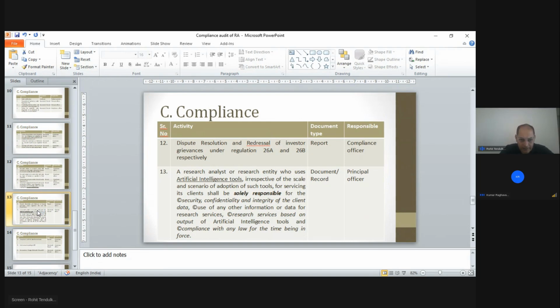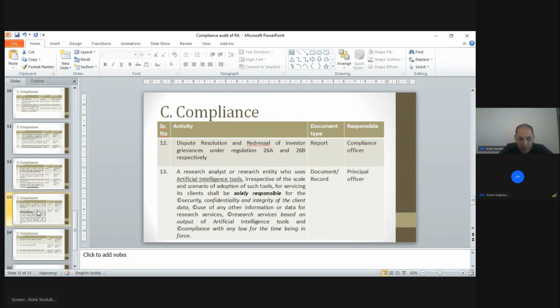Point number 13. A research analyst or research entity who uses artificial intelligence tools, irrespective of the scale and scenario of adoption of such tools, for servicing its clients, shall be solely responsible for number 1, security, confidentiality, and integrity of the client data.